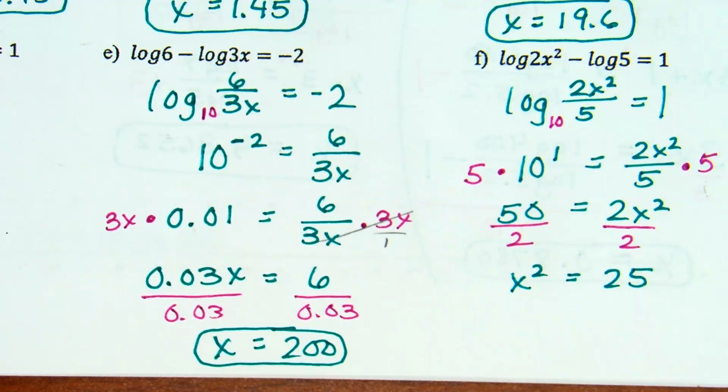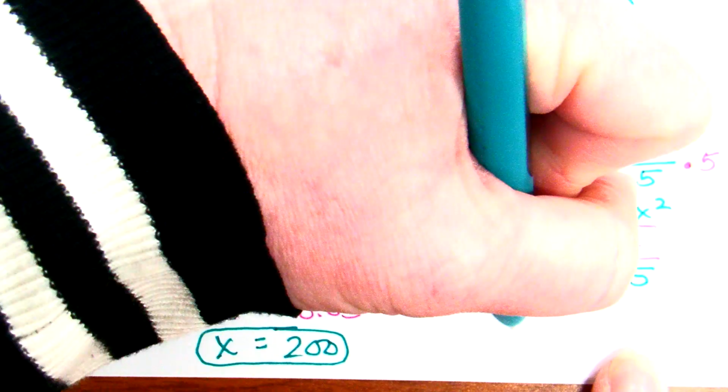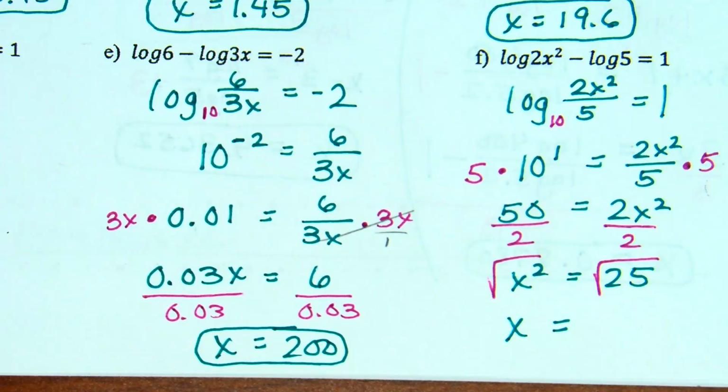If the x squared equals a number, we square root. What is the square root of x squared? X. What is the square root of 25? In an equation setting, when we take the square root, what should we always consider?